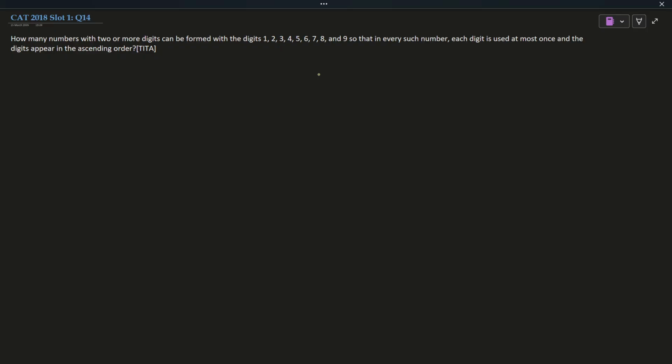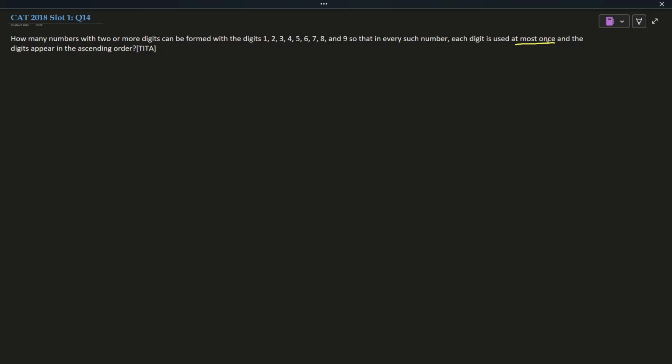How many numbers with 2 or more digits can be formed with the digits 1, 2, 3, 4, 5, 6, 7, 8 and 9, so that in every such number each digit is used at most once, okay? That means I can use each digit a maximum of one time.